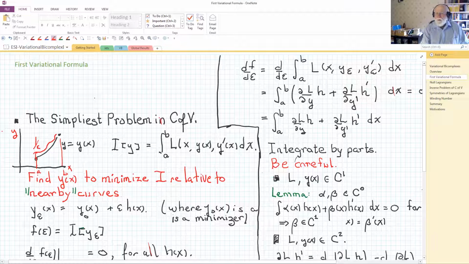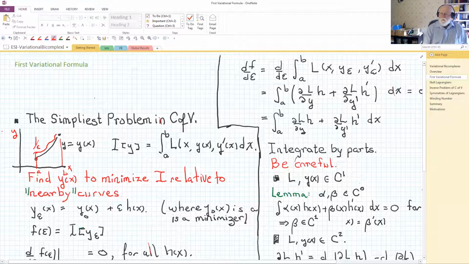Well, there's never much problem bringing the derivative with respect to epsilon underneath the integral sign. Then you're going to have the derivative of L with respect to this slot, y, times the derivative of y epsilon, which is h, and then the derivative of L with respect to this slot, which is called y prime, times the derivative of the deformation h.